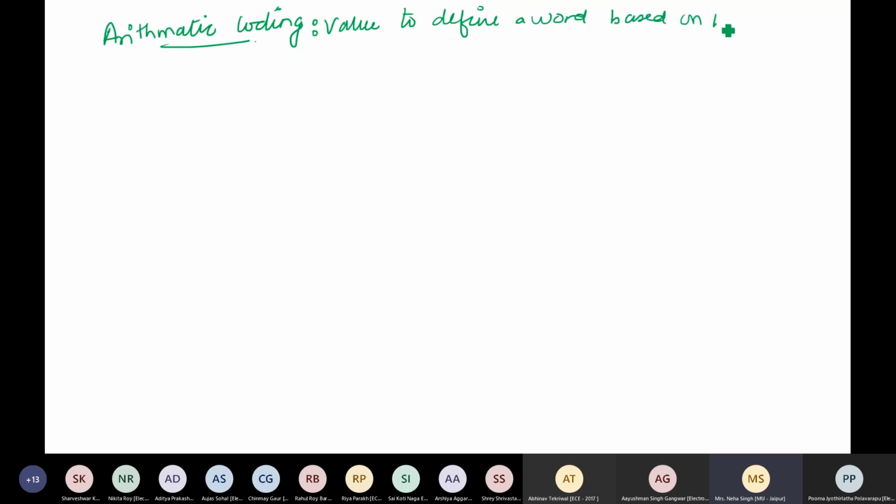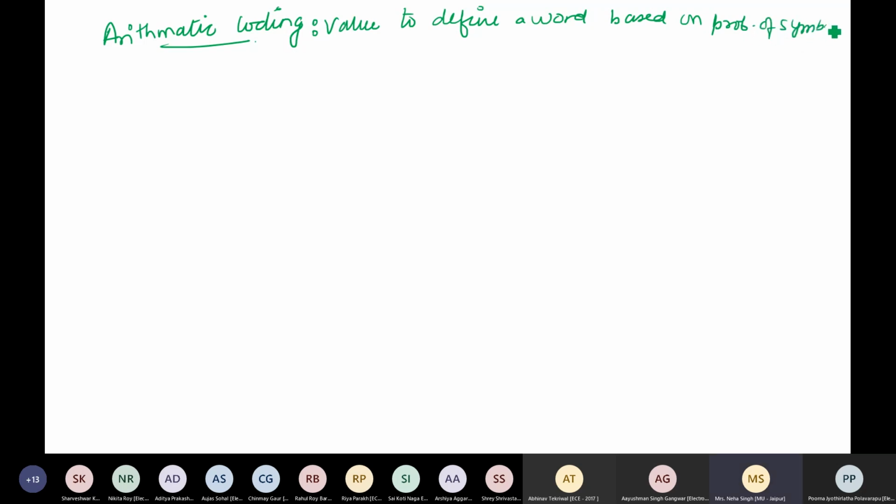We have another class of coding which we call arithmetic coding, which uses a value to define a word, again based on probabilities of symbols.